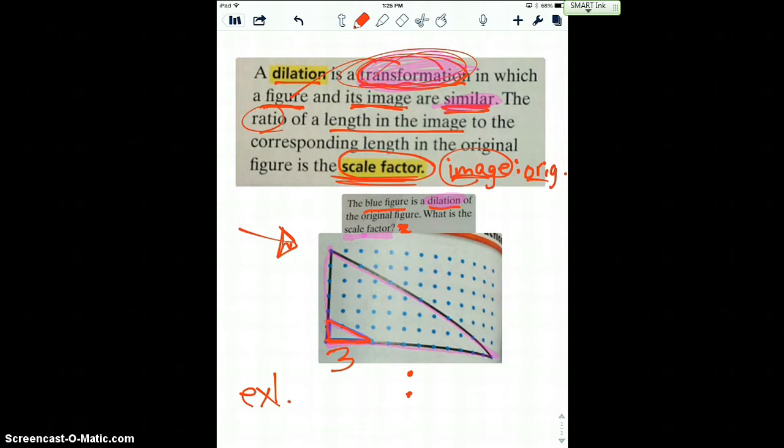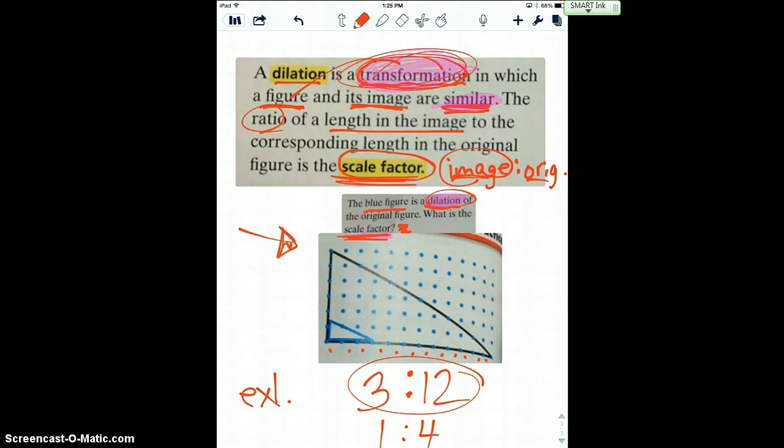So I'm going to say the image has a length of 3 units. And then the original has a length of 1, 2, 3, ... 12. So the scale factor that's being used here, the dilation, is, if I simplify this down, 1 to 4.